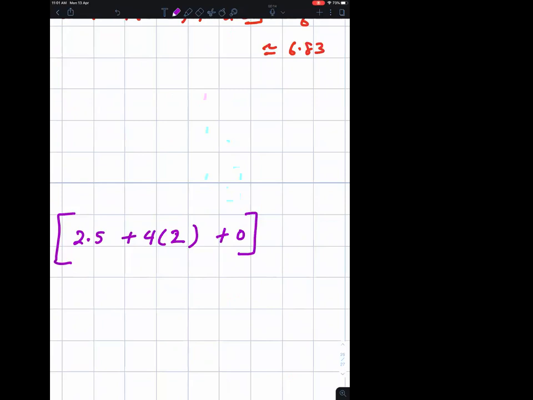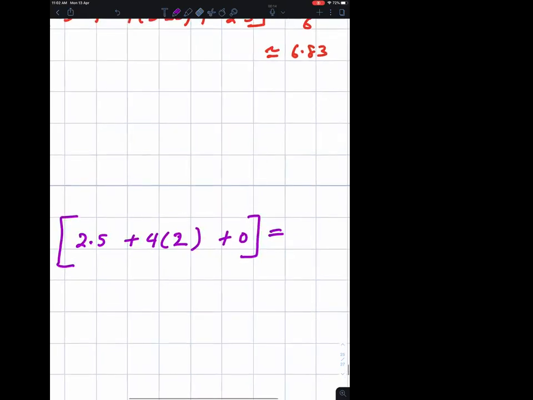We work that out. It's going to give you approximately 1.75.